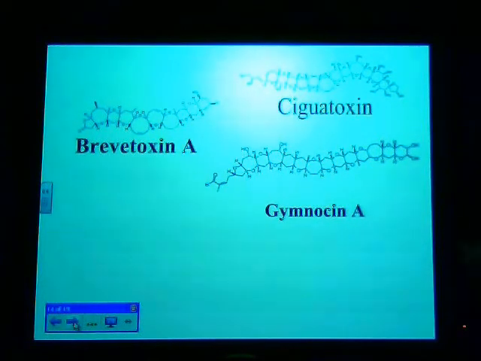But this next one over here, the ciguatoxin, I want to talk a little bit about that. This is caused by a dinoflagellate called Gambierdiscus toxicus. And this causes something called ciguatera fish poisoning. This is a pretty bad one because something on the order of 20,000 people a year, mostly in the tropics and subtropics, are affected by eating fish that have ingested this organism.